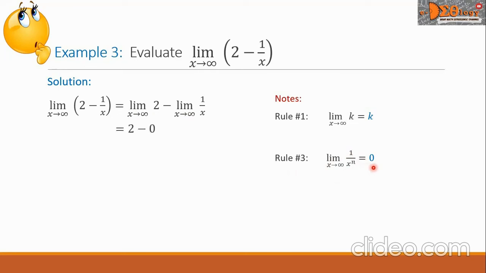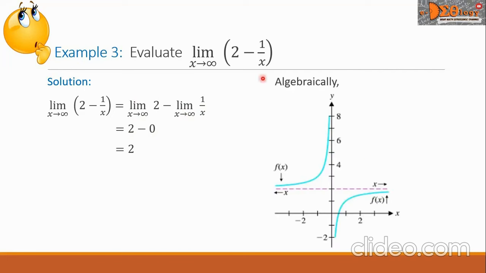It means to say we can now solve: the limit of 2 as x approaches infinity is equal to 2, minus the limit of 1 over x as x approaches infinity, which is equal to 0, and 2 minus 0 is simply 2.